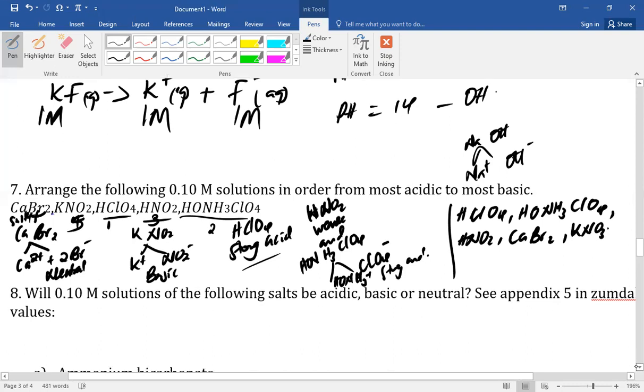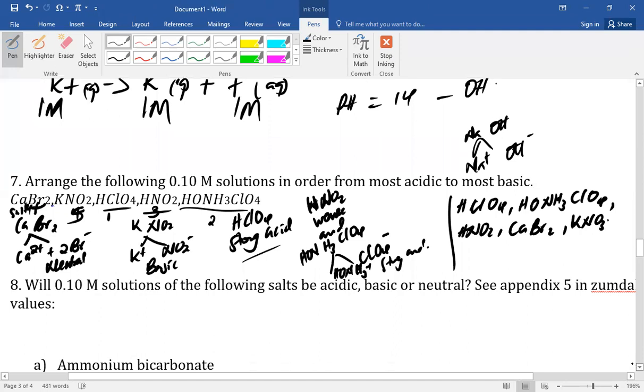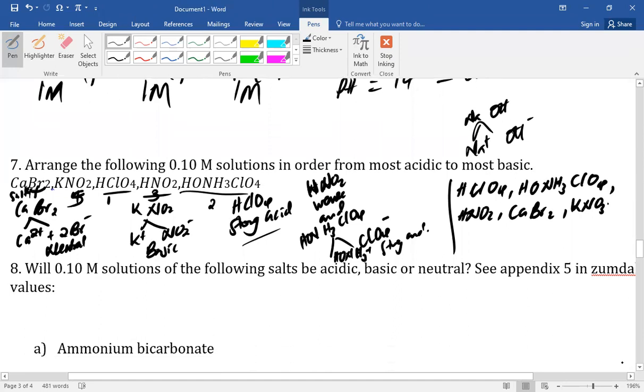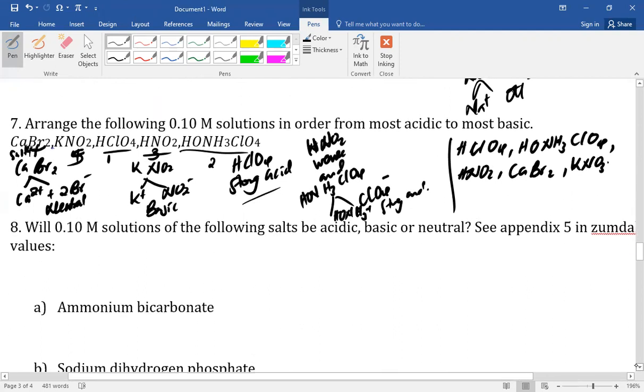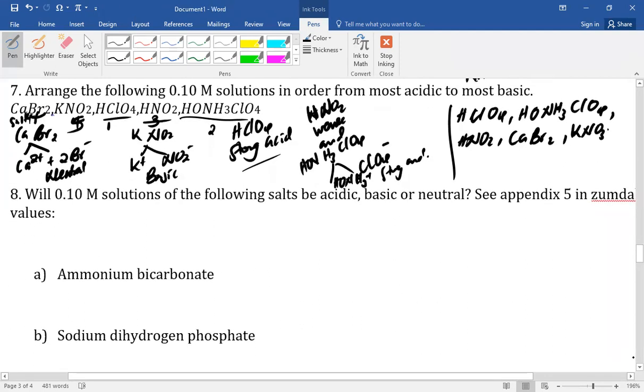They also asked the question: would 0.10 M solutions of the following salts be acidic, basic, or neutral? See Appendix 5 in Zumdahl. I tried to check for these values, but I don't have Zumdahl here. There's another book I use for studying this, although it doesn't have those values.